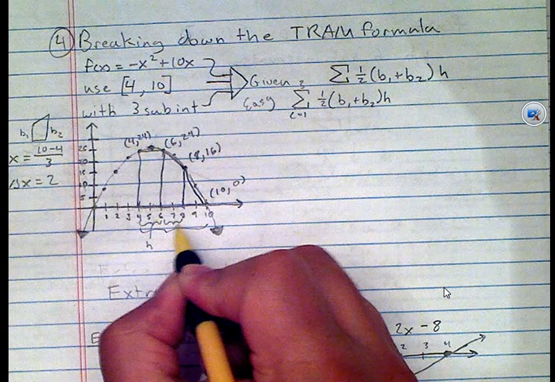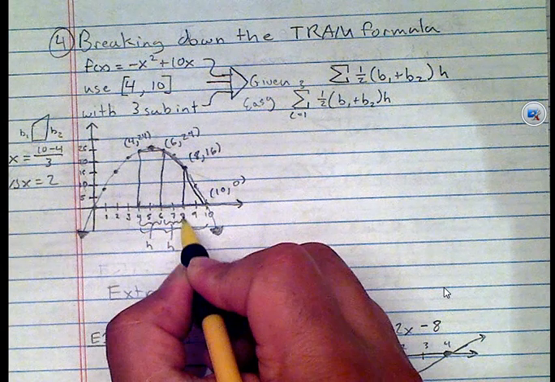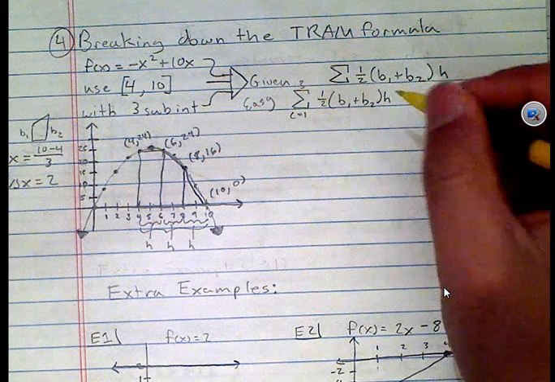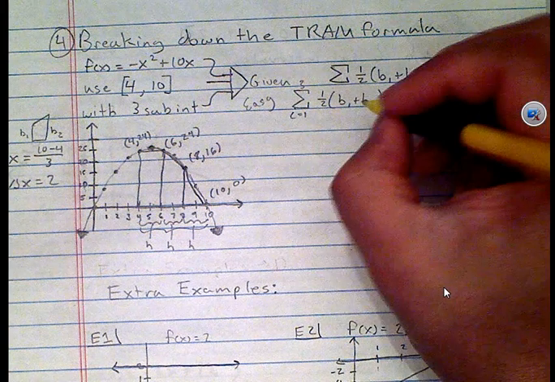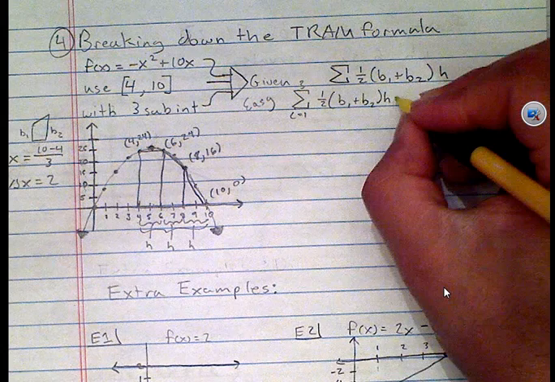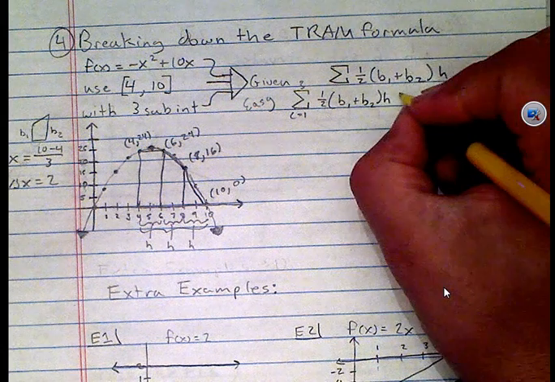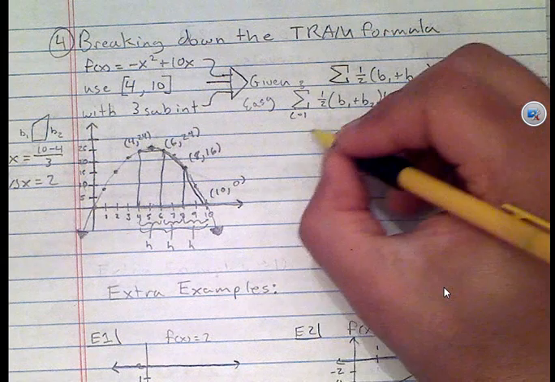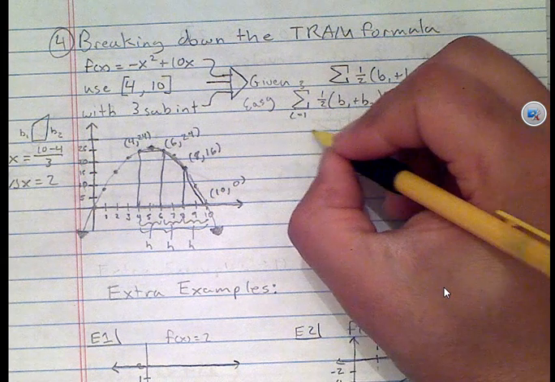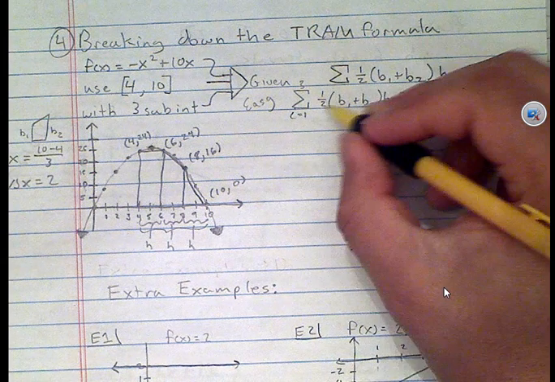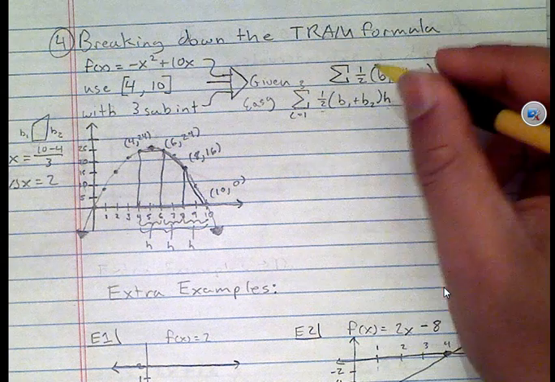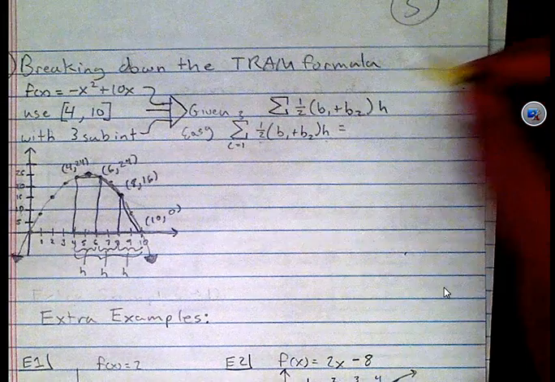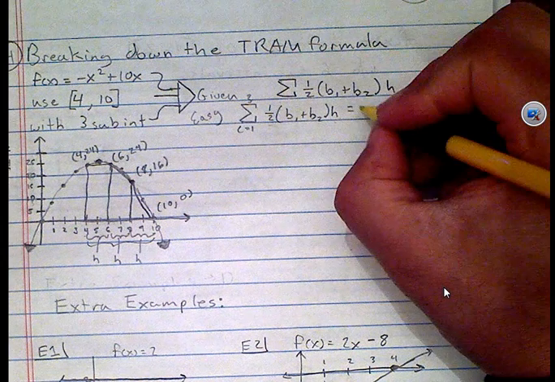So it's like you got the trapezoid laid on its side, so now the height is the base. So the height is always going to be 2. And here's where, if you're smart about this, you know the height is always 2. Well, the 1/2 and the 2 kind of cancel, right? So I could use that to my advantage there, but I'm going to write it all the way out.